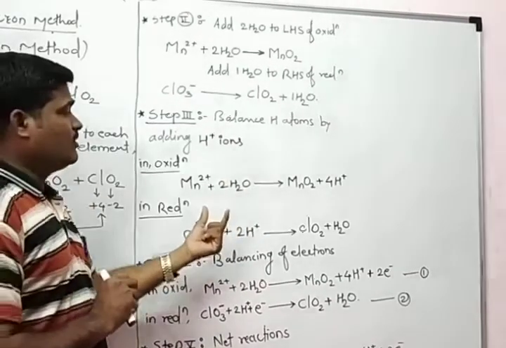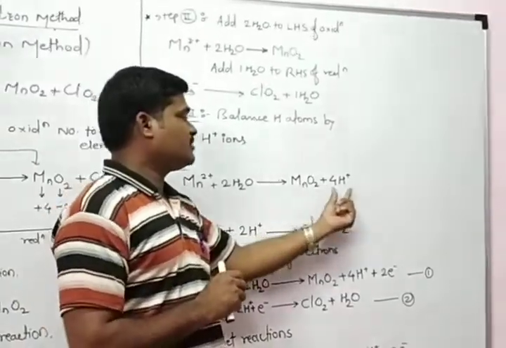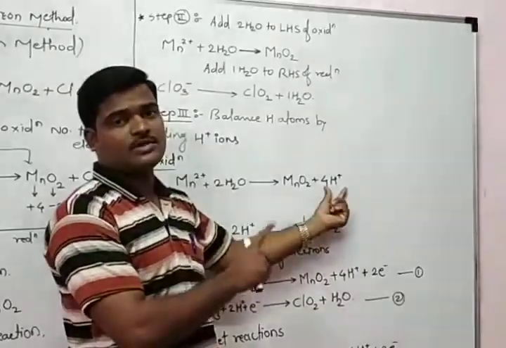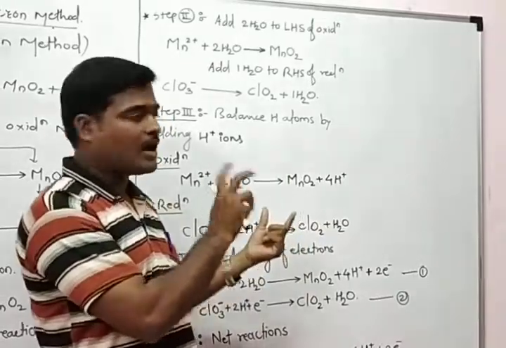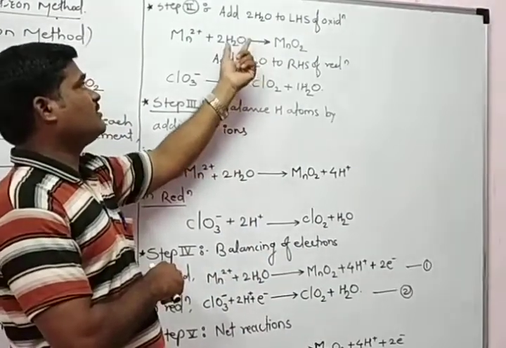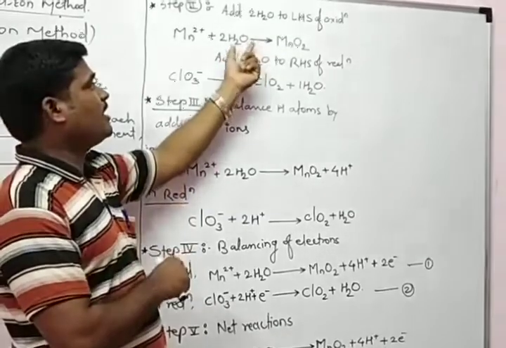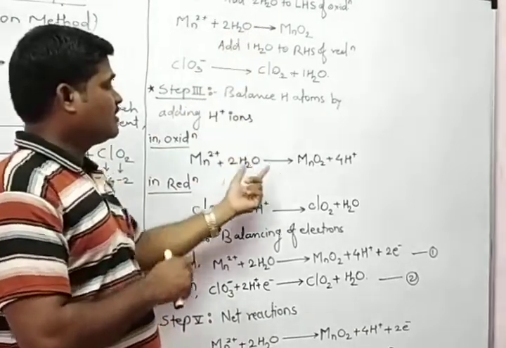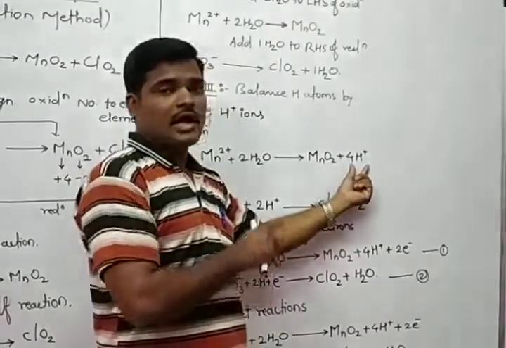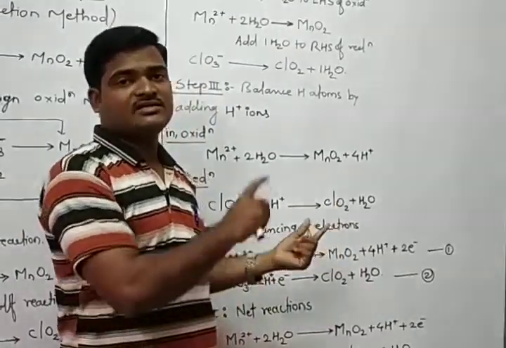So to balance the H+ ions, I have to add 4 H+ ions at the product side. Why? Because for balancing oxygen atoms, I have added H2O, but the number of H atoms are not equal. So that's why I have added 4 H+ ions at the product side.